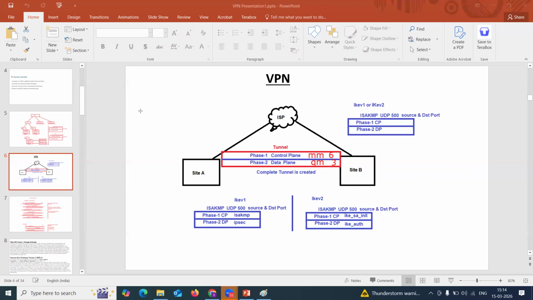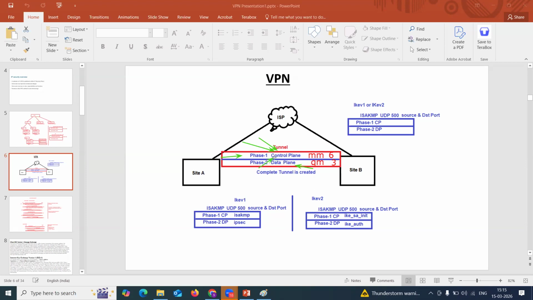Now understand, phase one is called control plane, so main mode works for control plane. Phase two is called data plane, so quick mode works for data plane. It means all decision making will happen at your control plane and data will be forwarded.